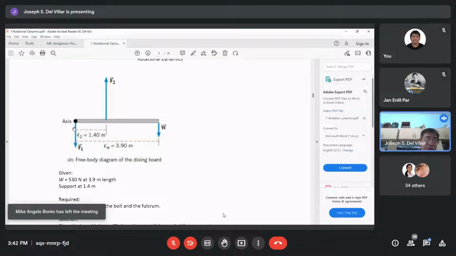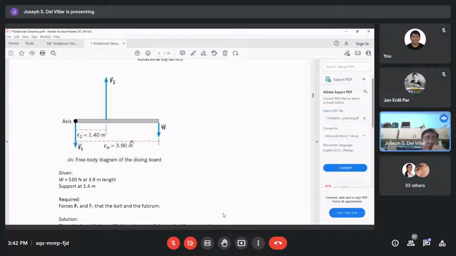Kung magiging reference point natin is the left end. Sino ang magkukos ng torque? You see F1 0, di ba? What about sino ngayon yung magkakaroon ng torque? Yung F2 po, tapos yung weight. Yes, no? F2 and W, yun ang magkakaroon ng torque.